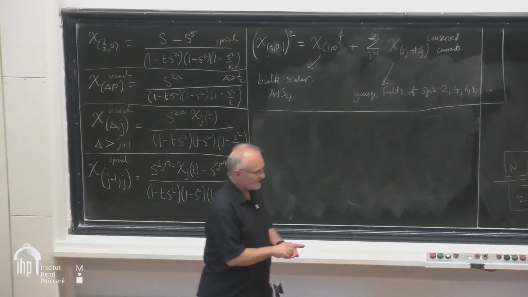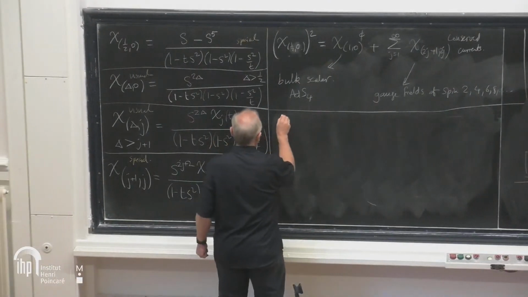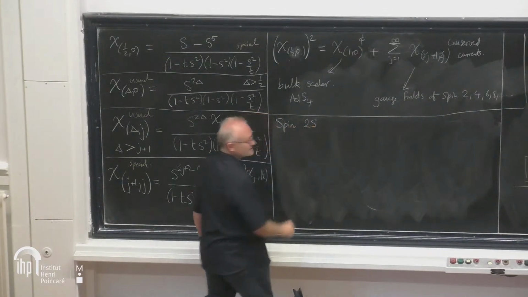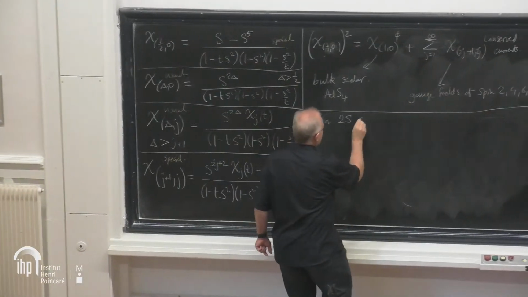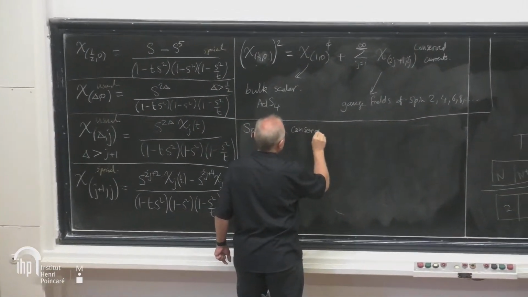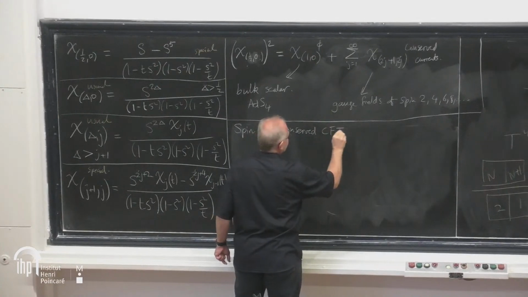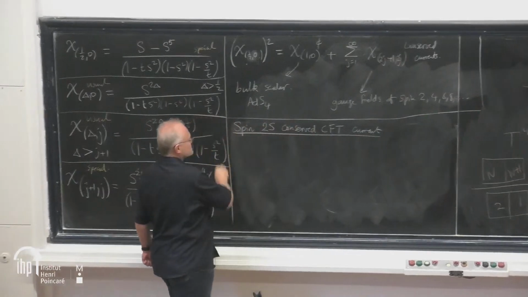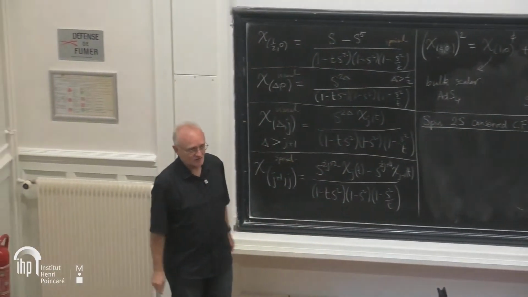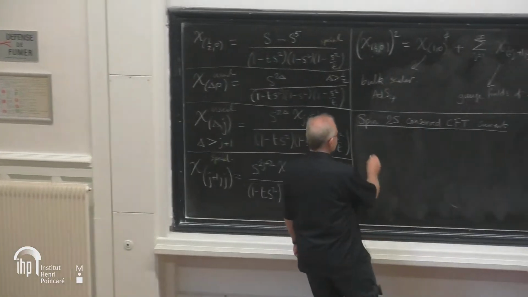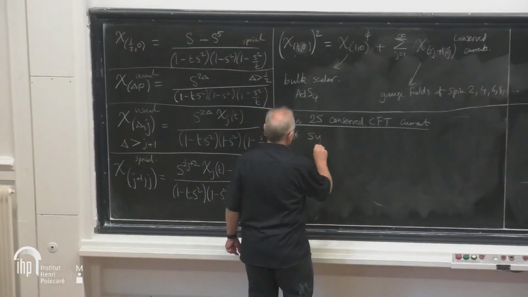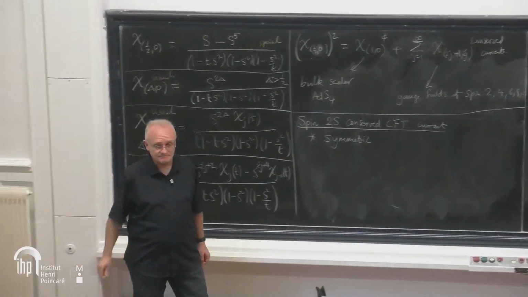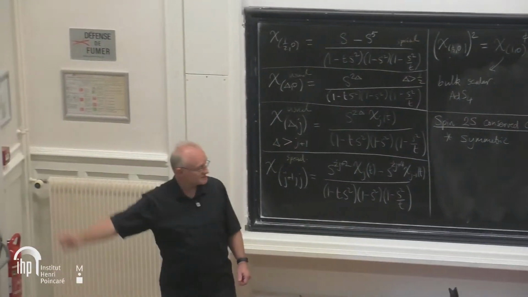So now I want to look at the spin 2s conserved CFT current. And what we know about this current is it's symmetric. So you can swap its indices around.